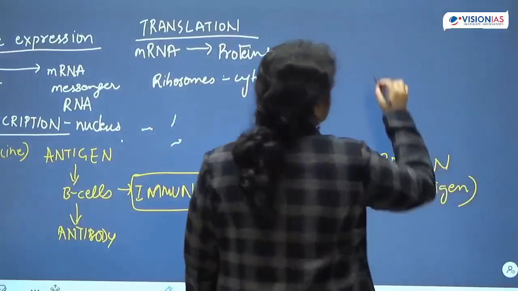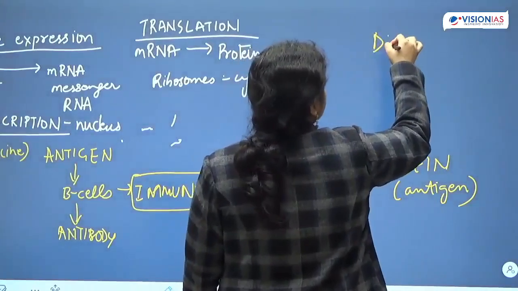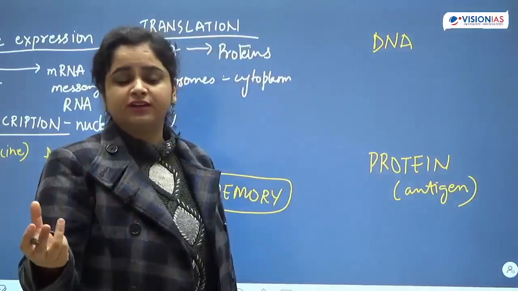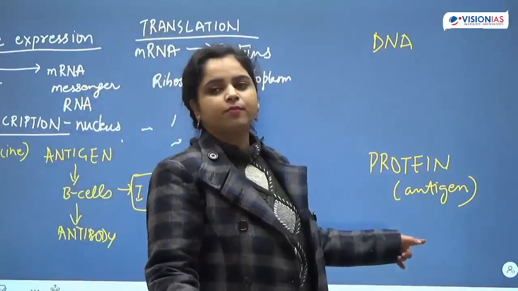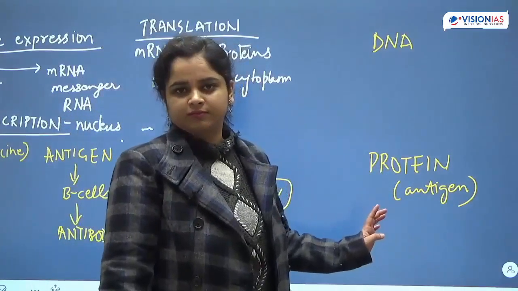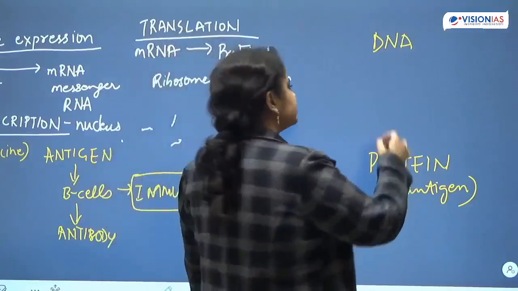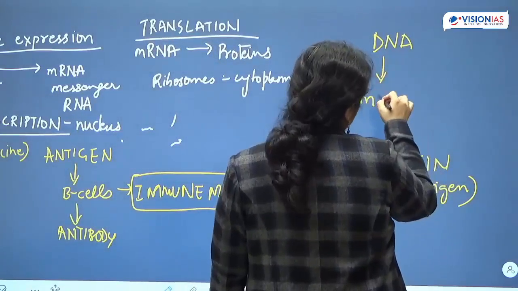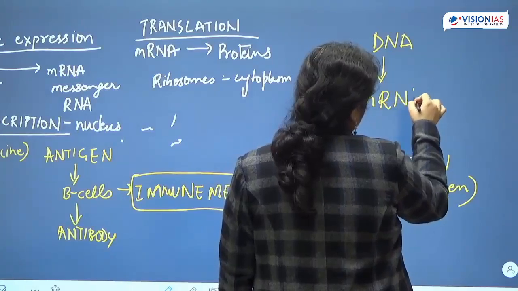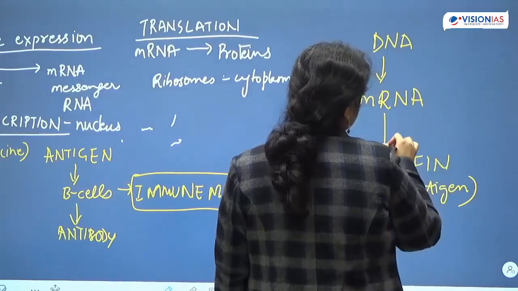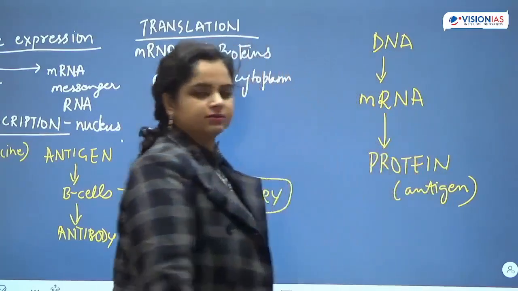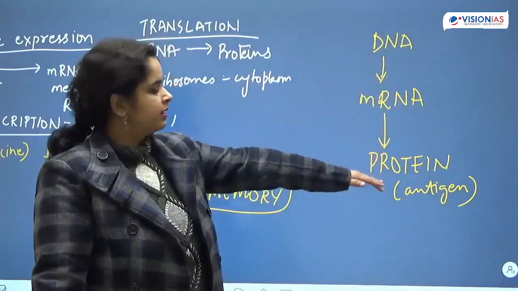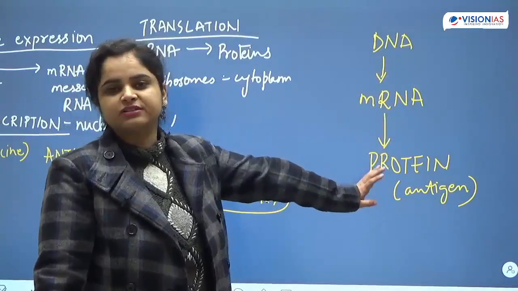Protein देने की जगह we can give DNA, a small segment of DNA responsible for production of this protein. This DNA will then form mRNA, and this mRNA will produce the proteins. So two more steps we want to do for production of this protein, which is the antigen.